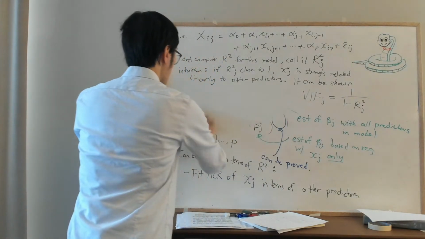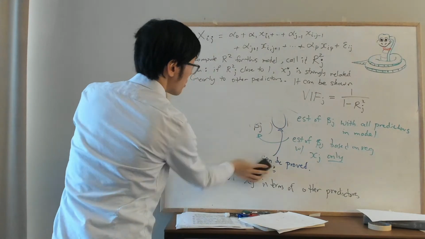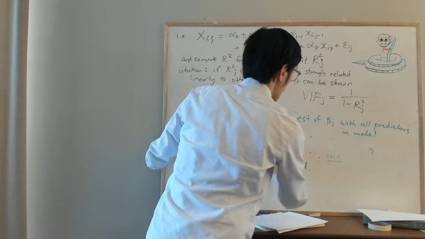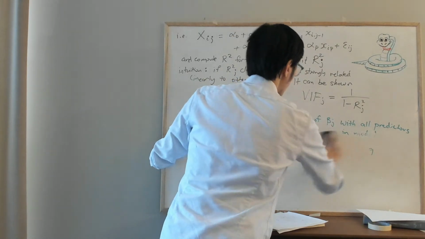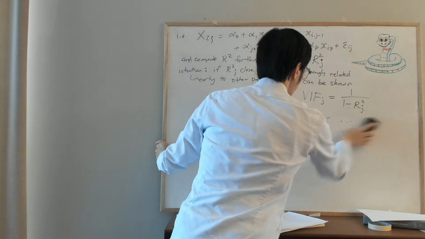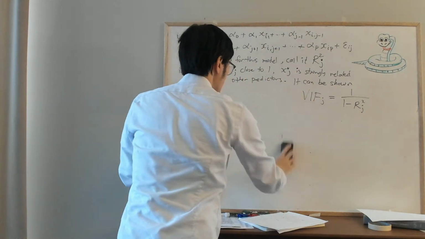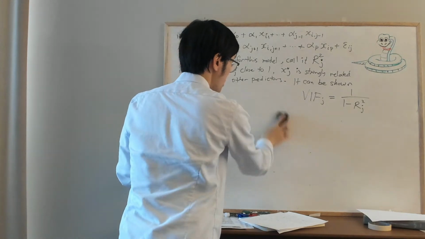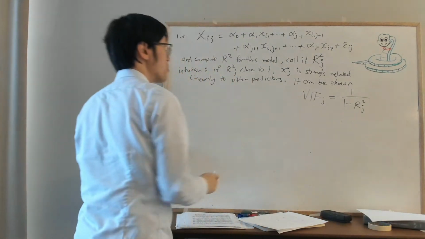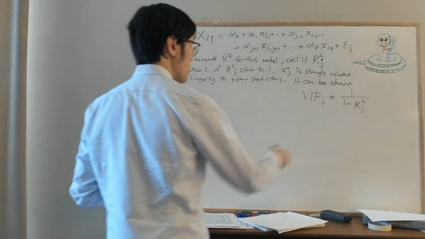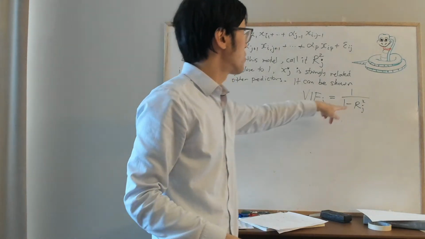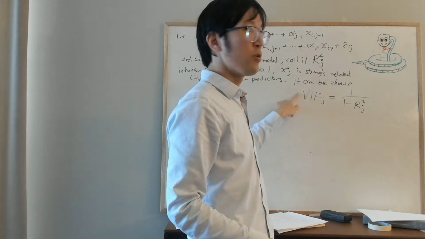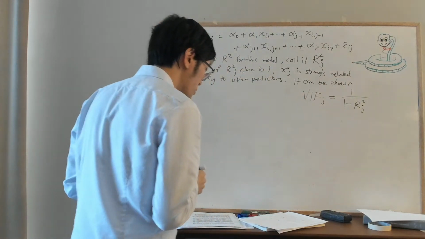Looking at this formula, we know that the VIF is always at least equal to 1 because we know R squared is between 0 and 1 inclusive. Specifically, the larger R squared is, the larger the VIF will be.